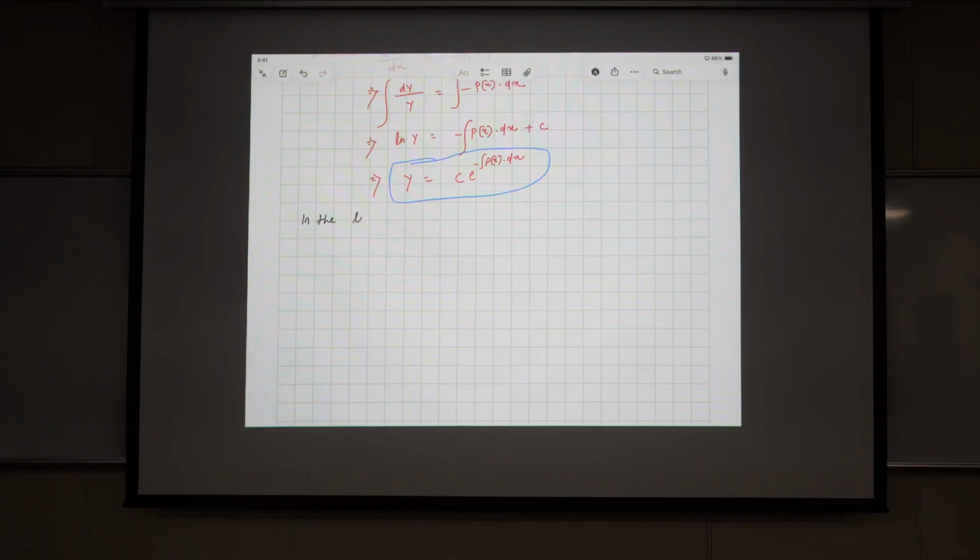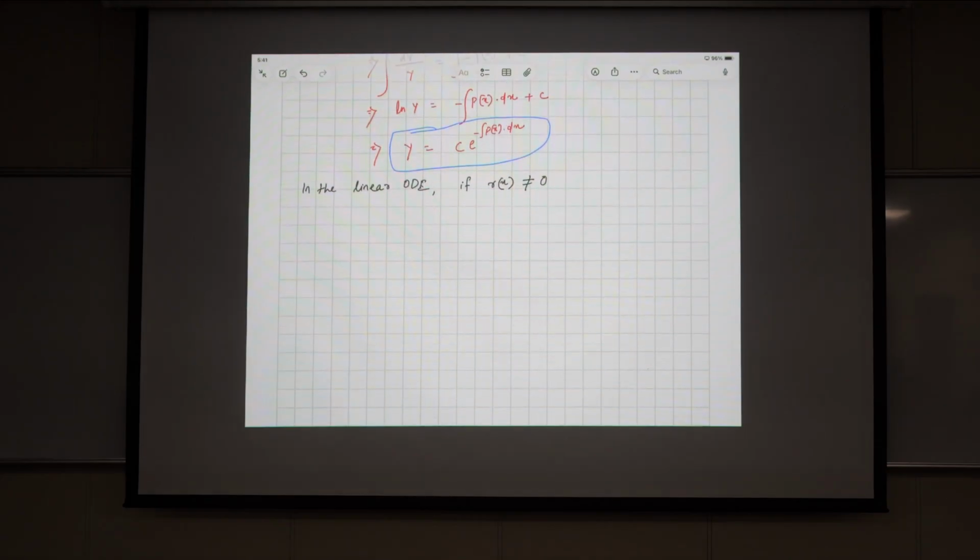In the linear ODE, if r(x) is not equal to 0, okay, then the ODE is called non-homogeneous linear ODE.